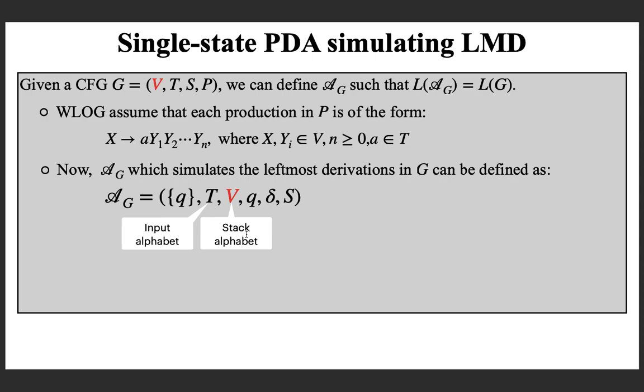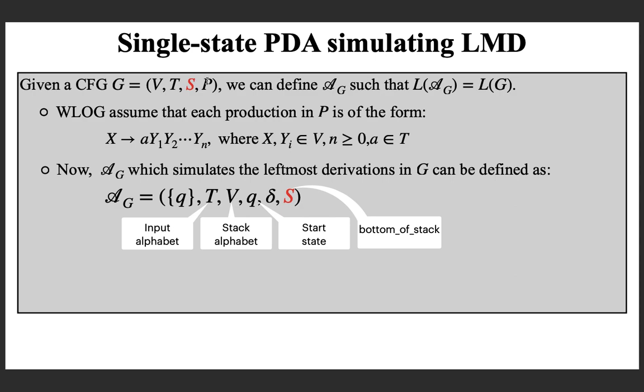I think we called it gamma. If you want, you can call it gamma, but it is the stack alphabet, the set of variables of the grammar. Only one state, so definitely that is going to be the start state. Then the bottom of stack symbol is the start symbol of the grammar, which we already observed.